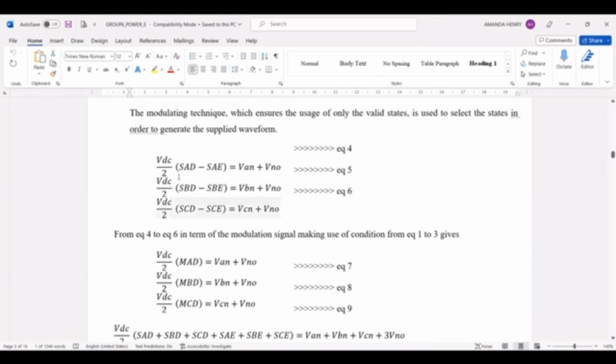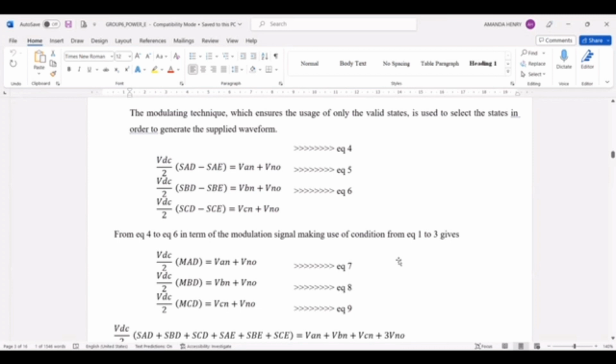So we can see VDC divided by 2 times (2 switch AD minus switch AD minus switch AE) equals voltage AN plus voltage NO, which will be equations 4, 5, and 6.